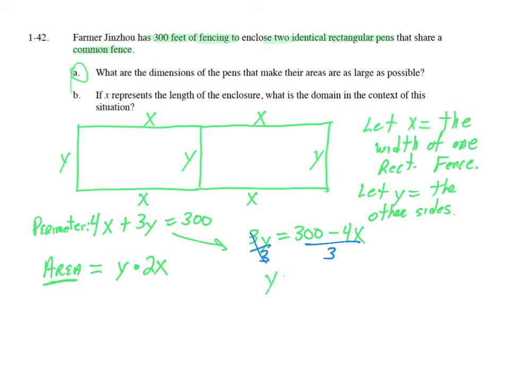So y equals 300 divided by 3 is 100 minus 4 divided by 3 is 4/3 x. Let's plug this value, or this equation, which is equal to y, in here.